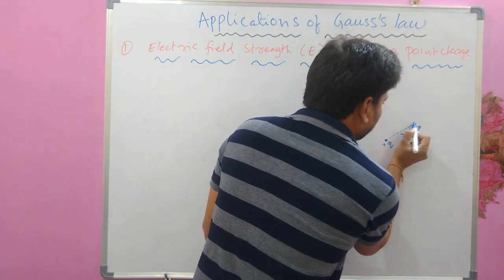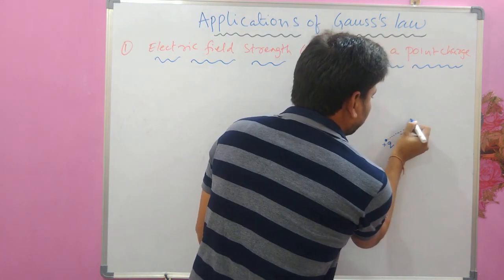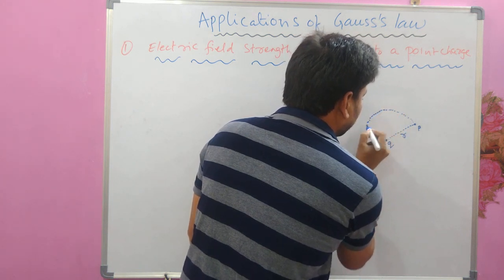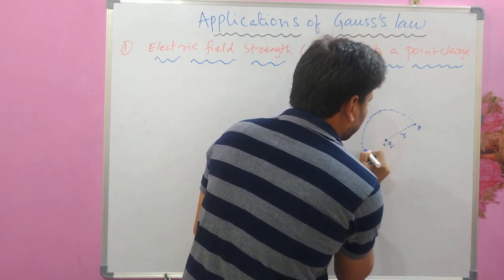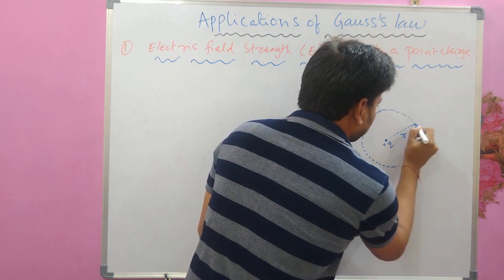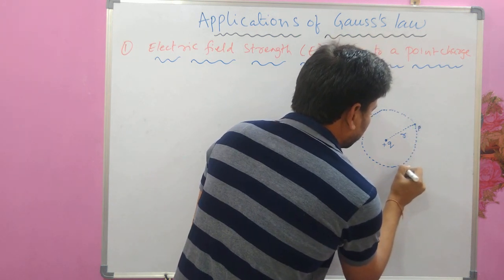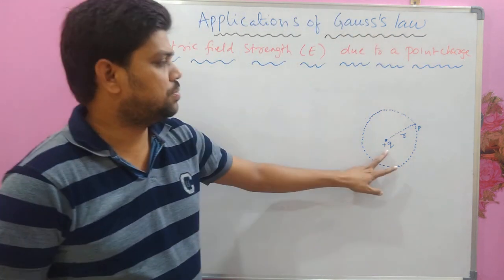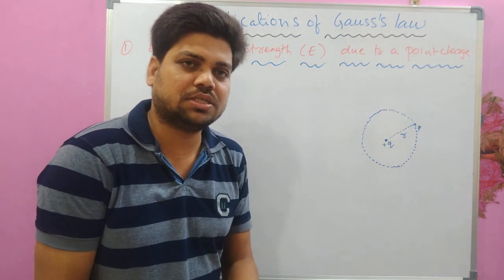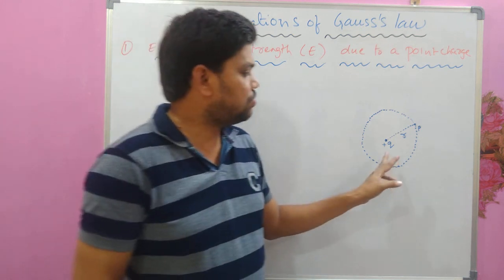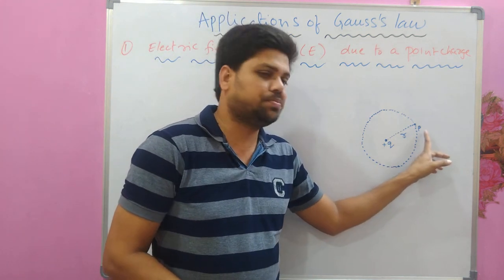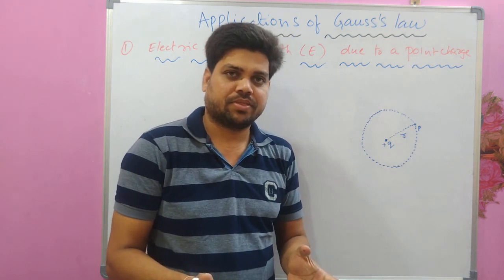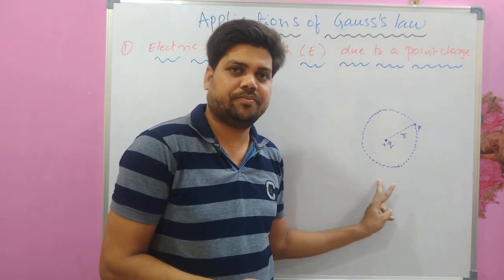So I am drawing that closed Gaussian surface around this charged body. So drawing a Gaussian surface or closed surface around the charged body passing through this point P is now done. The second step is completed.